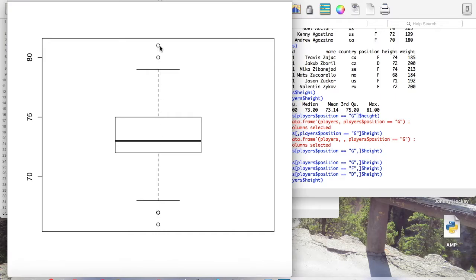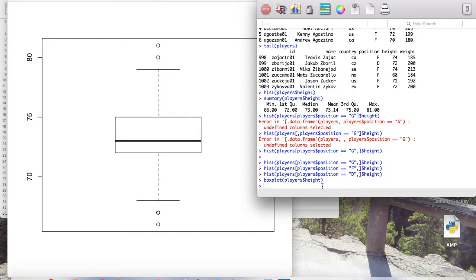So what we see is the biggest value here is at 81, so that one's Zdeno Chara. This one is at 80. I'm not sure offhand who that would be, but let's find out. So I'm going to take a subset of my players so that my height is at least 80.